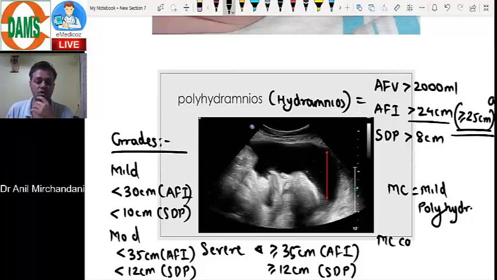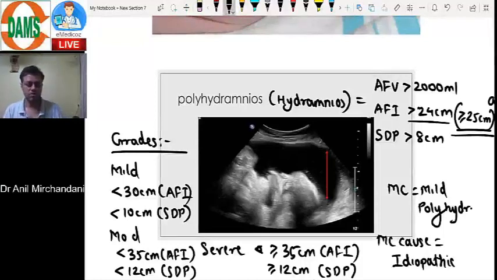Most common is mild and most common cause is idiopathic. We don't know the cause in more than 50% cases. But beware, beware, beware.